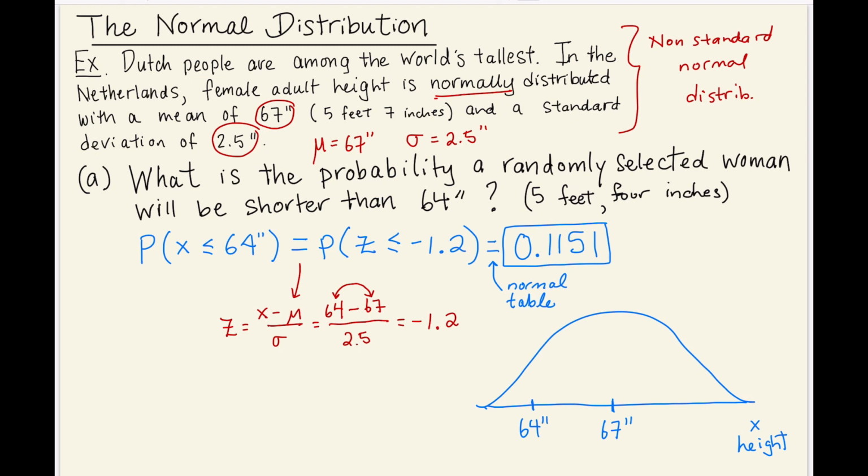Or in other words, what percentage of the women have heights under 64 inches? So this question is really asking us to find this area. And we found that this area was 0.1151. This also means that about 11.5% of Dutch women are shorter than 5'4", which is the average height in the United States.